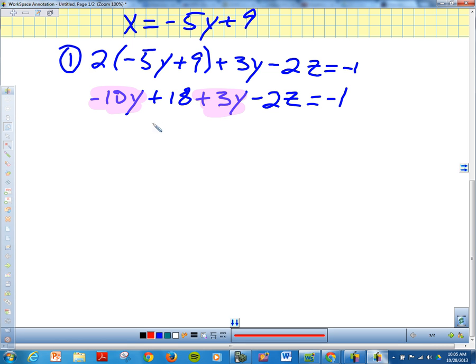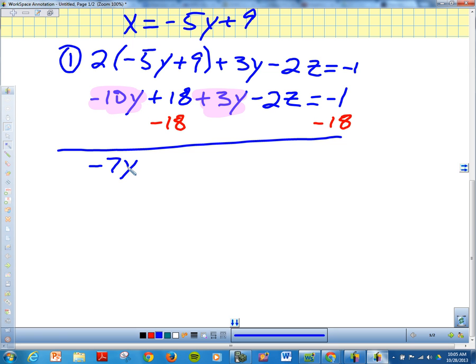So I'm totally fine with you guys doing these two steps at the same time. If it makes more sense to you to write those steps out individually, do so, for sure. Okay, so negative 10 plus 3 is negative 7y, and then I have minus 2z equals negative 19.